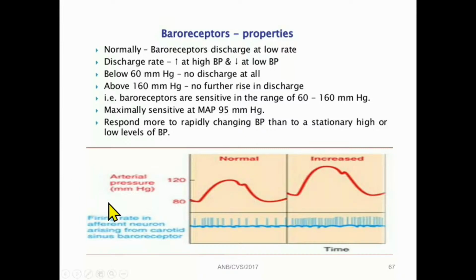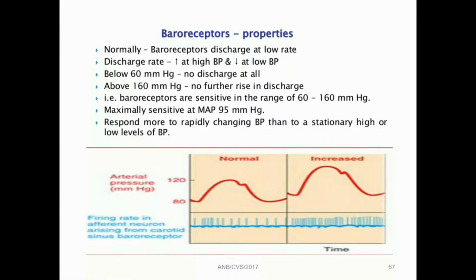Now just have a look at the lower figure. Here you will find the pressure changing from 80 to 120. This is my left side panel and this is the right side panel.